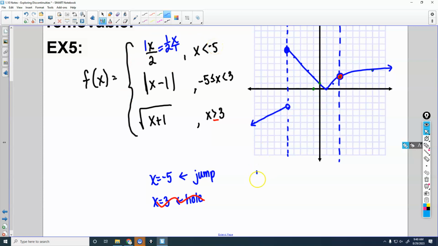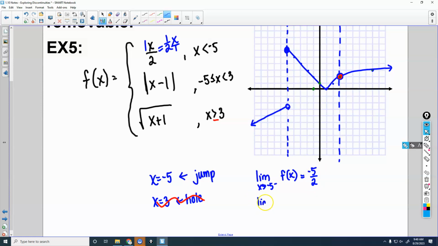So if I do the limit as x approaches -5 from the left of f of x, I'm using that top equation. To find that limit, it's just a direct substitution. I just plug in negative 5 over 2, right? So that's my limit from the left.